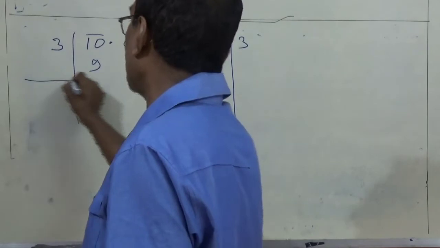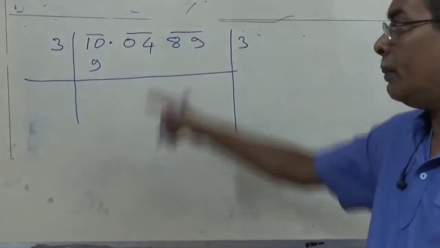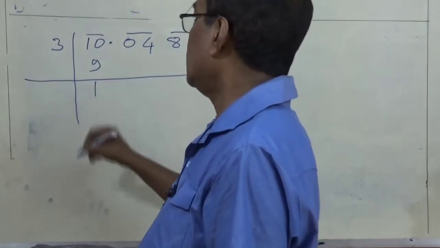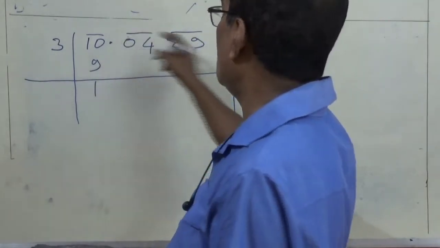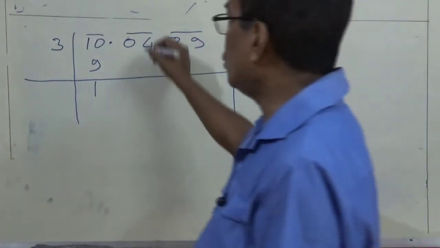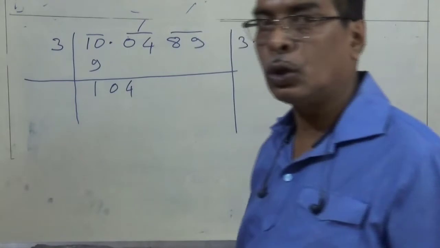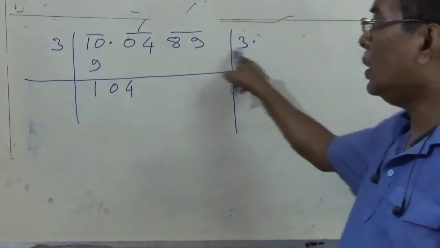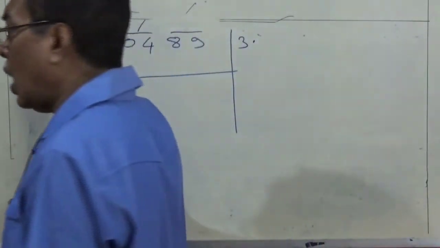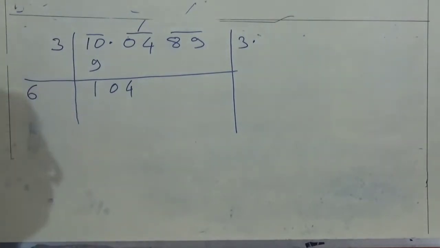Now take the subtraction. This line you will have to draw from here to here. 10 minus 9 is 1. Now, as I have told you, these decimals will come here. Now this 04 will come here. Okay? Now this 3 is required to be added with this 3. How much? 6 will be there. So write here 6.